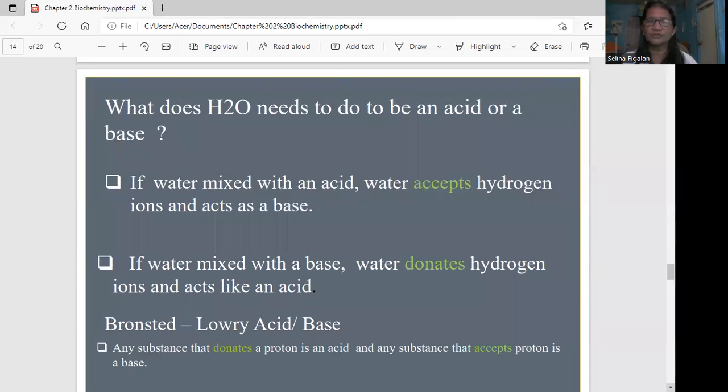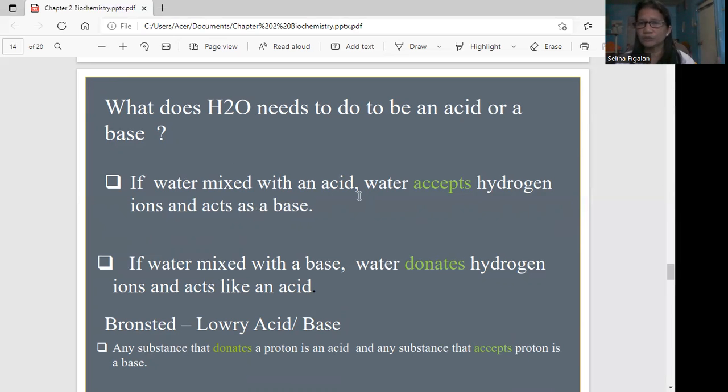Because according to Bronsted-Lowry, if a substance donates a proton, it becomes an acid. That is the reason why this water becomes an acid if it donates hydrogen. If a substance accepts a proton, then it is a base. This is the reason why if this water is mixed with an acid, it accepts hydrogen, so ang acid ay nagiging base.